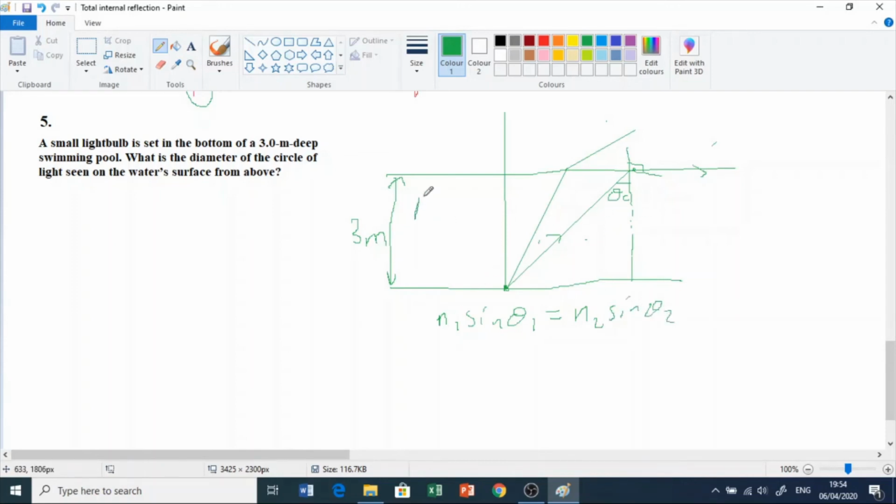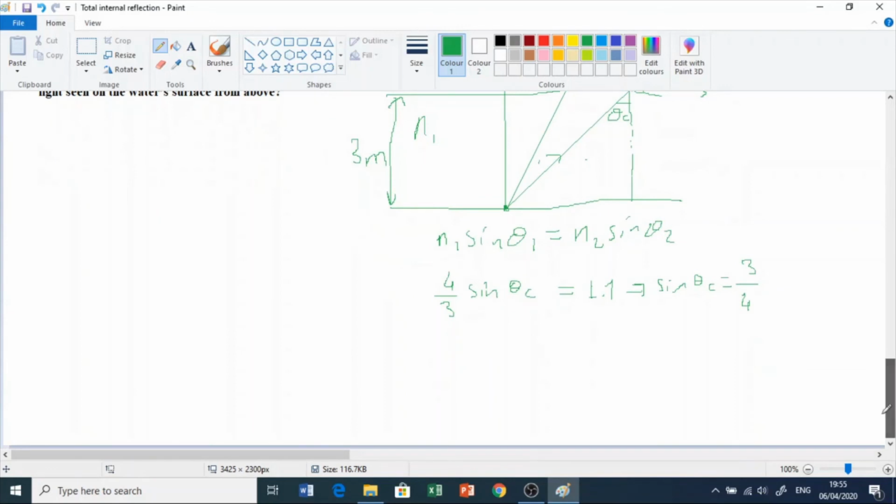Assume this is n1 and this is n2. n1 is water and n2 is air, and the index of refraction of water is 4/3, times sine theta critical, equals n air, which is 1, times sine 90. Why? Because at this moment the angle of refraction is 90 degrees. Sine 90 is equal to 1. So from here sine theta critical will be equal to 3/4.